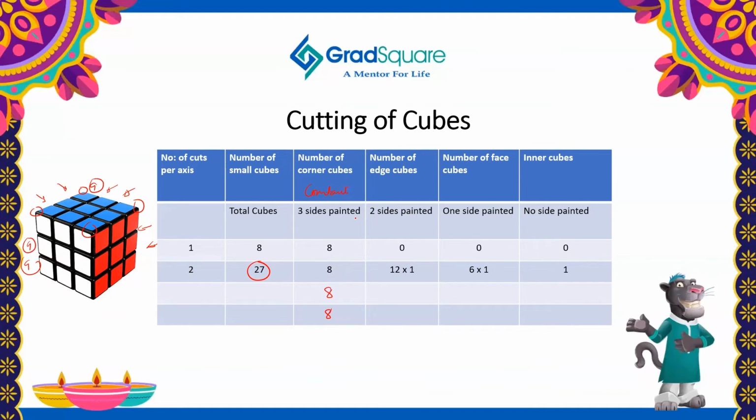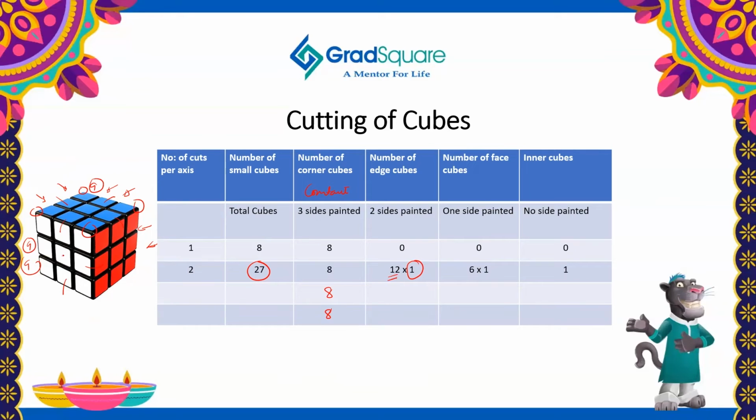If you have 1 cut, 2 cut per axis, 5 cut per axis, or 100 cuts per axis, it's not going to change. Here, if you look at the edges, you have just 1 cube here, 1 cube here, 1 cube here, 1 cube here. In every edge, you see there is only 1 cube, which will be 2-side painted if you remove the corner cubes. So total number of cubes in every edge, which are 2-side painted, is 1, and there are 12 edges, so it will be 12 into 1.